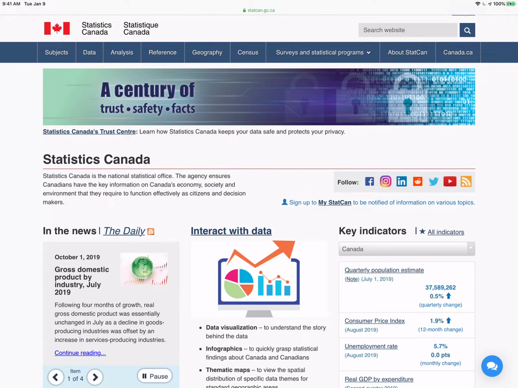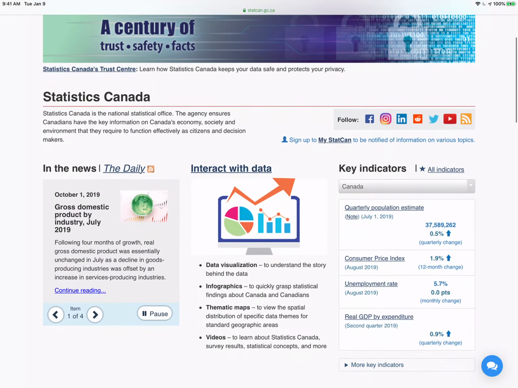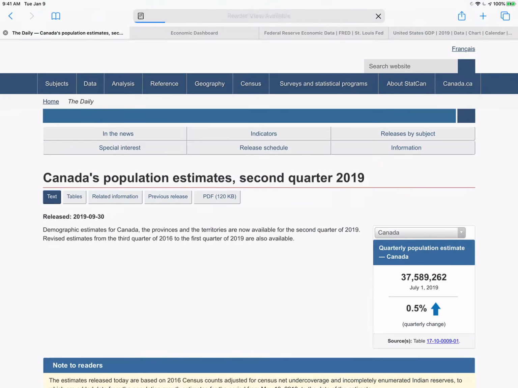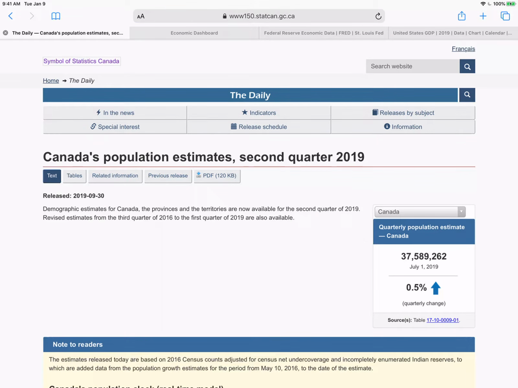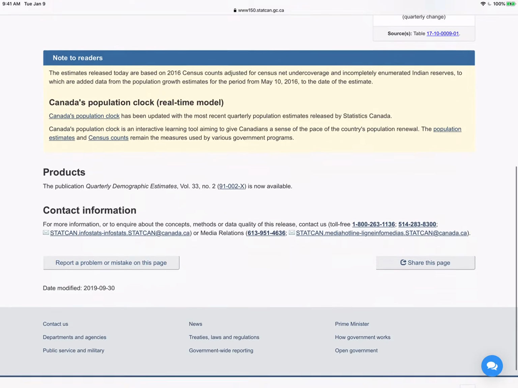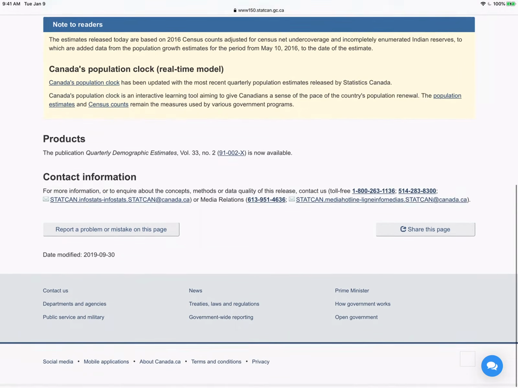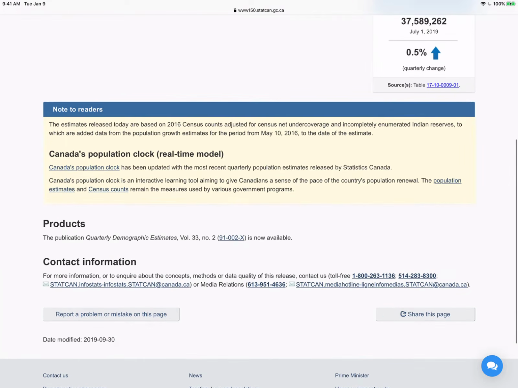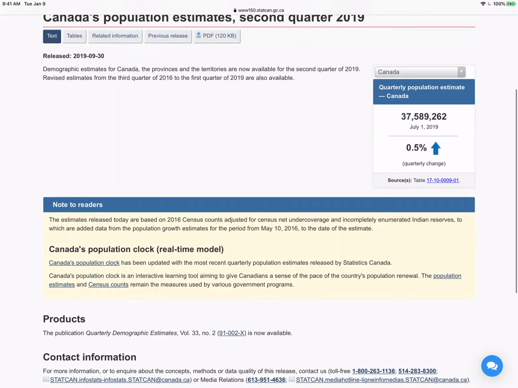So let's start first by collecting some populations. If we go in here, we can see there's quarterly population estimates. And if you scroll down to any of these daily digests, you can go and you can get the source data. Here we have it, table 1710.000.901. You can see here on the right, and we can just link to that.